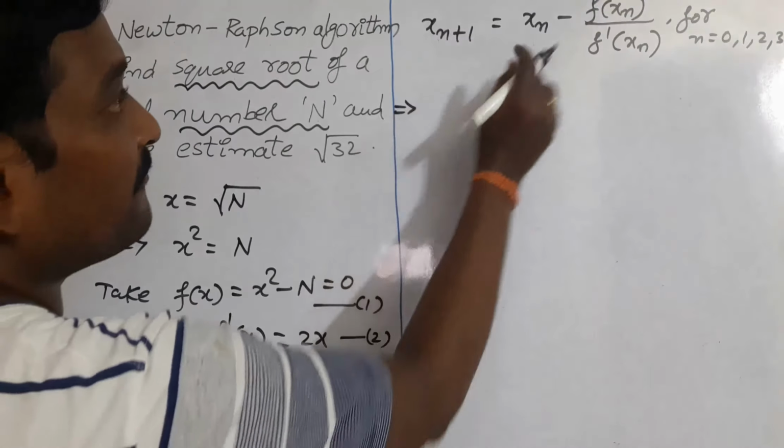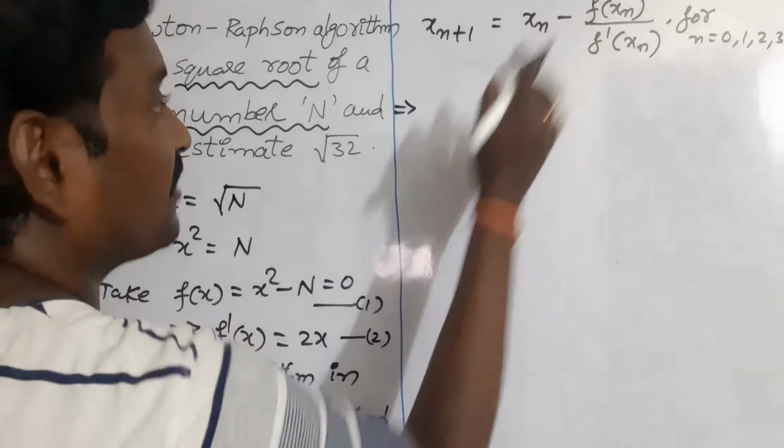So substitute the values of f of x n and f dash of x n in this formula.